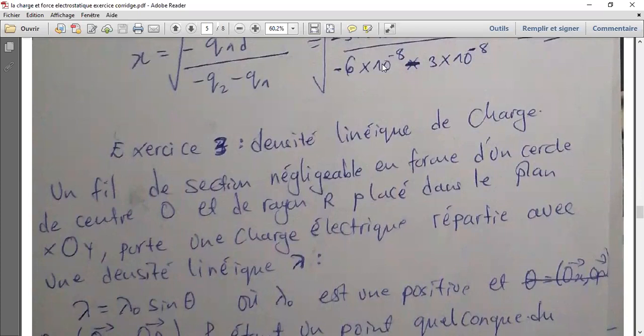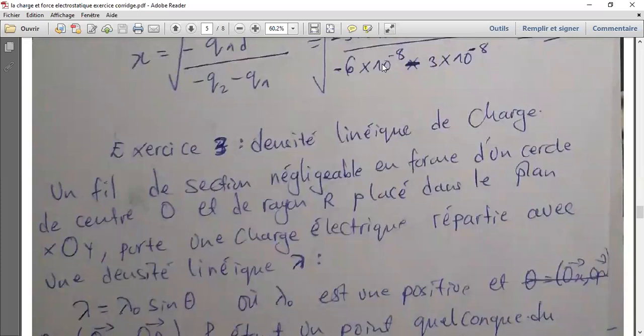So how do you calculate this force? That's the exercise for today. We're going to deal with exercise 3, which is density linear of the charge.